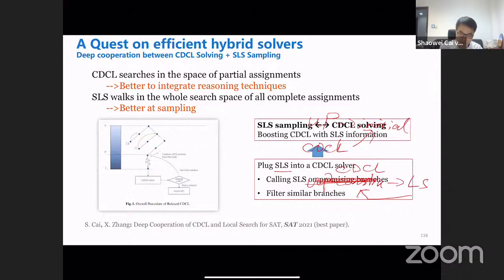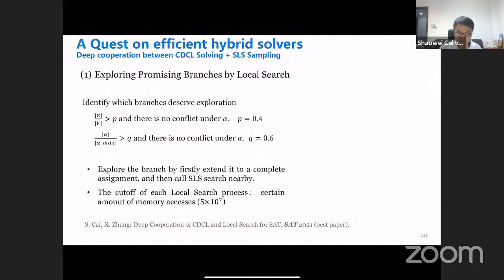And if the local search fails to find a solution, it also does not waste time, because during this search, it can sample some information. For example, the local search assignments and some information about the variables, which can be fed back to CDCL to help boost the CDCL, especially the decision heuristics, like the branching and phasing heuristics.